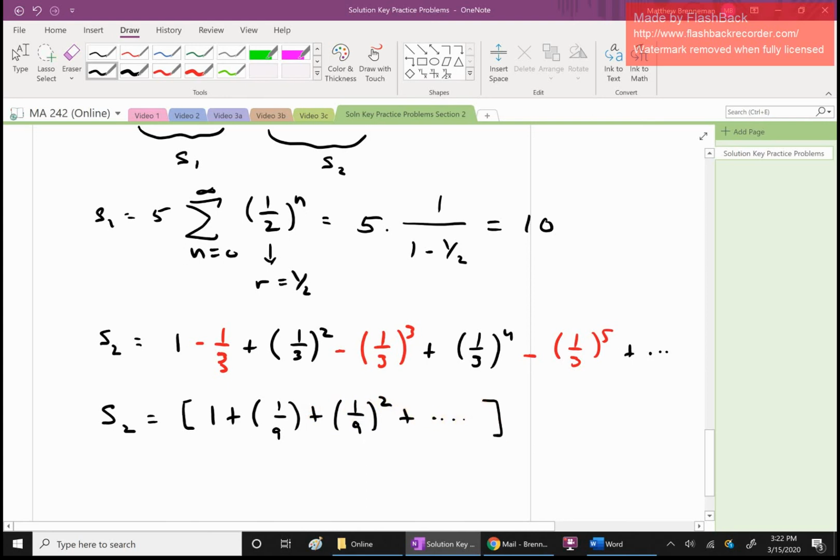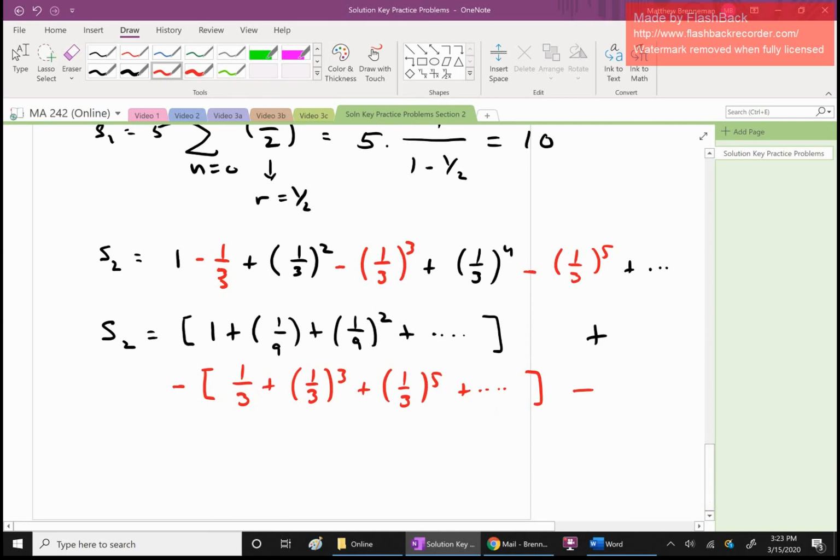Because again, what's happening each time is I'm multiplying the previous term by 1/3 squared, right? And by the same token, if I look at the negative terms, I'm going to get 1/3 plus 1/3 cubed plus 1/3 to the 5th plus dot dot dot. Okay, so these are from the positive terms, and these are from the negative terms.